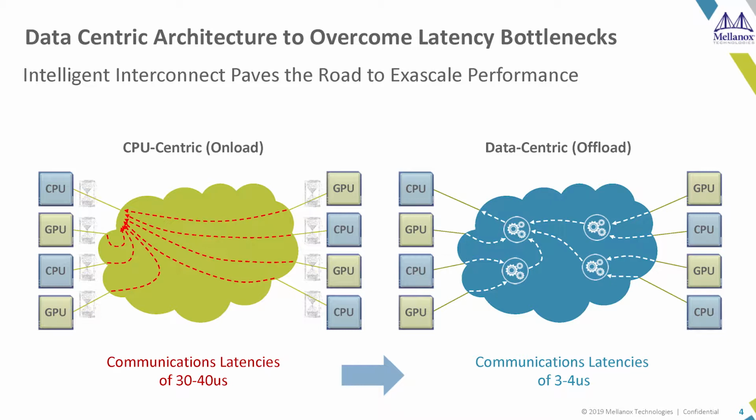The other thing that we're starting to do now is with our smart NICs, we're giving the application the ability to do computation within the network device itself. The goal there is not to compete with the CPU, because if you want that computational power, just buy more CPUs and do it there.